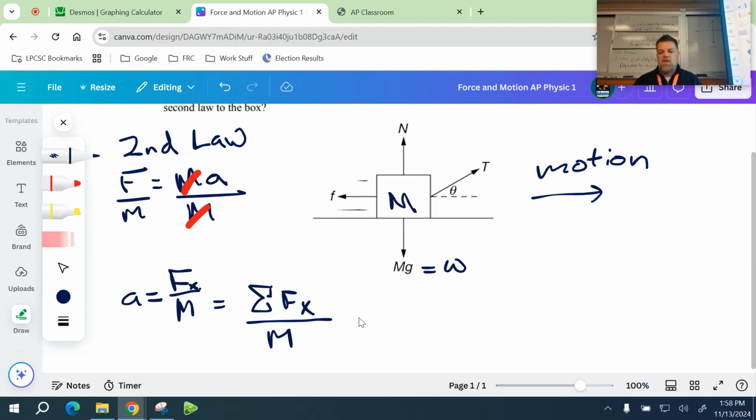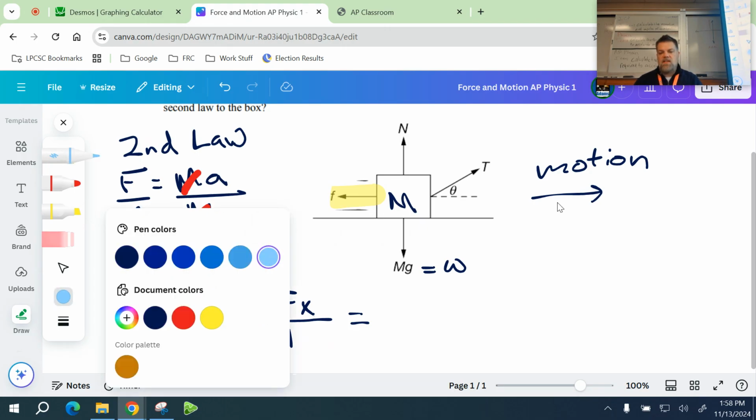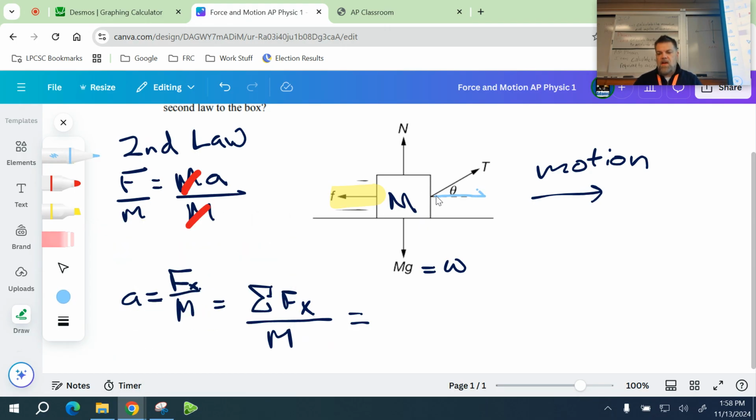Okay. Well, I know a couple of things. When I say x direction, I have this force here, and then the other thing I need to think about is the x component of the tension. That's it.